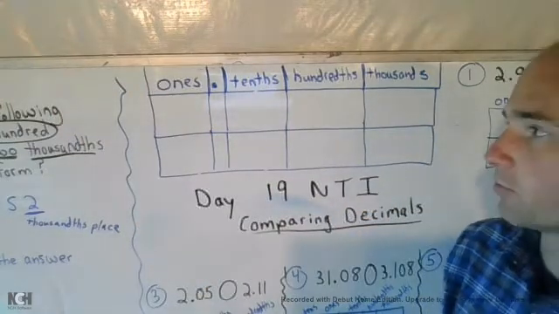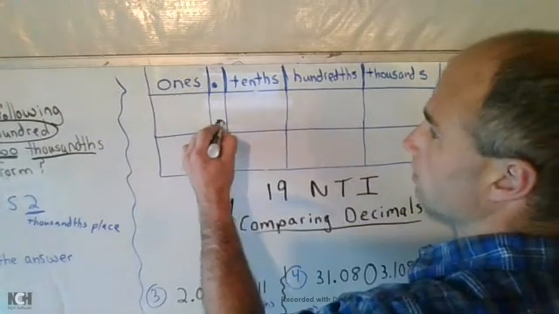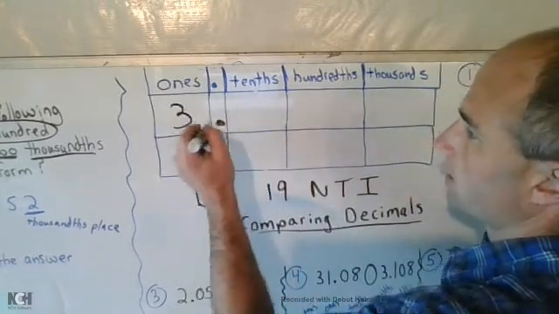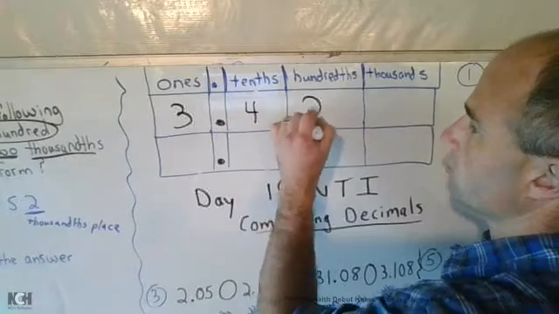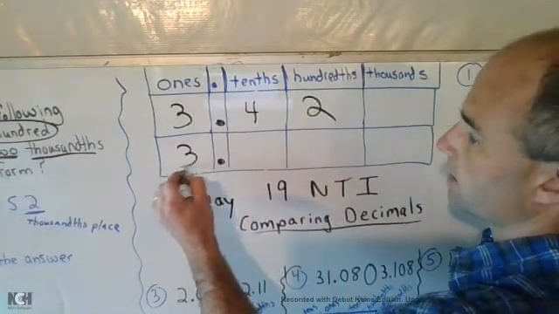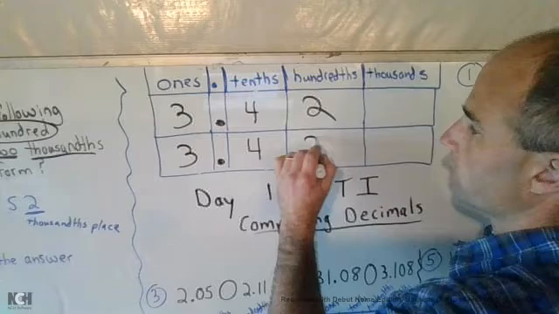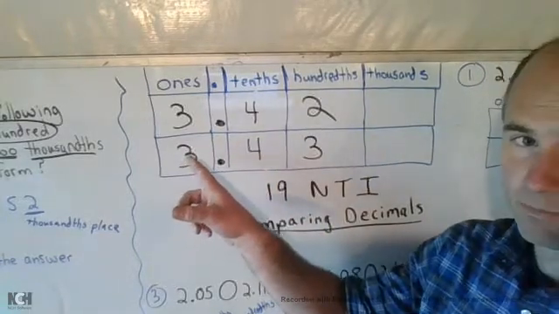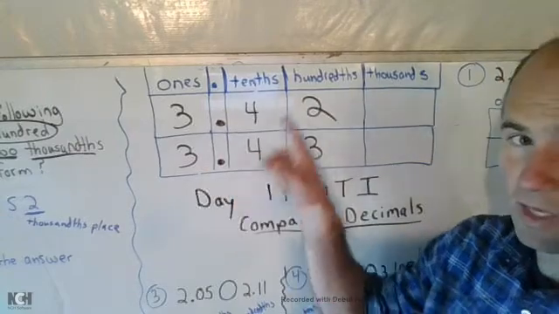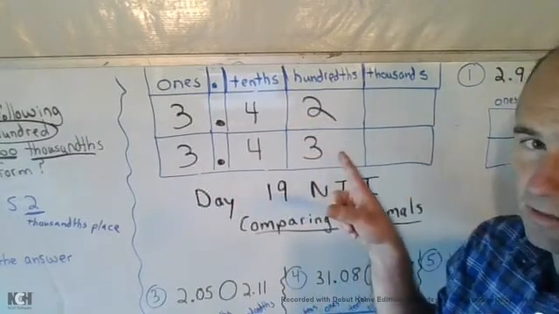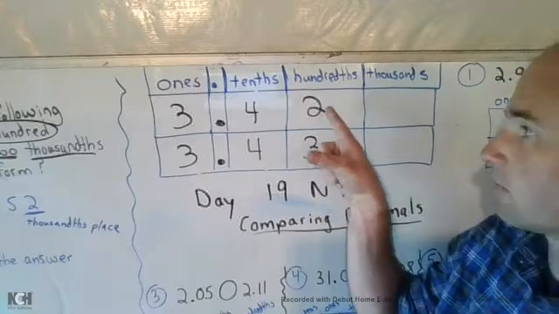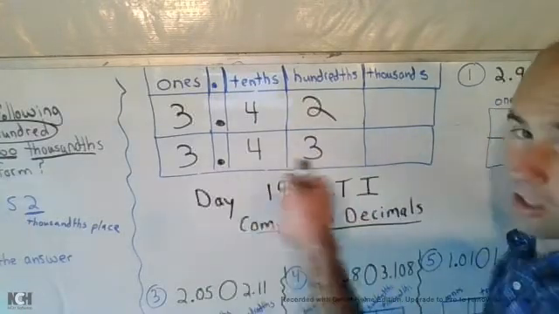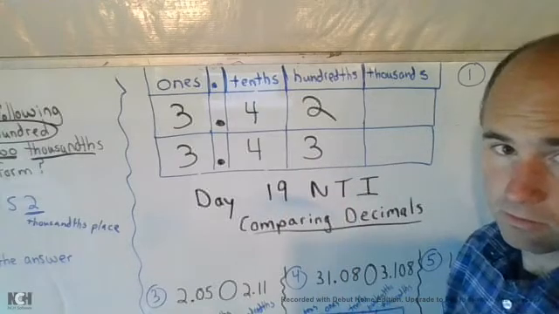But when we compare decimals, let's say I'm comparing 3 and 42 hundredths to 3 and 43 hundredths. The ones are the same. The tenths are the same. It's when I get down to the hundredths. 3 is a higher number than 2, which would mean the second number here is the greater number. Okay?